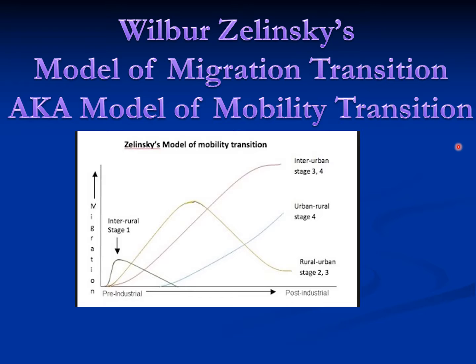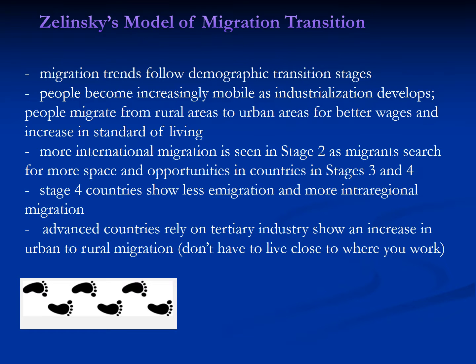Model of migration transition, aka model of mobility transition, by Wilbur Zelinsky. The migration trends follow the demographic transition stages. People become increasingly mobile. As industrialization develops, people migrate from rural areas to urban areas for better wages and an increase in standard of living.